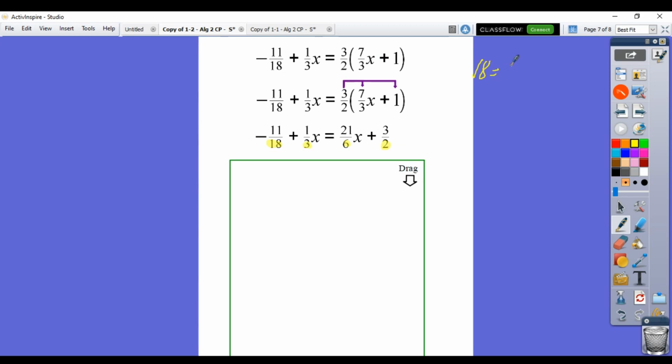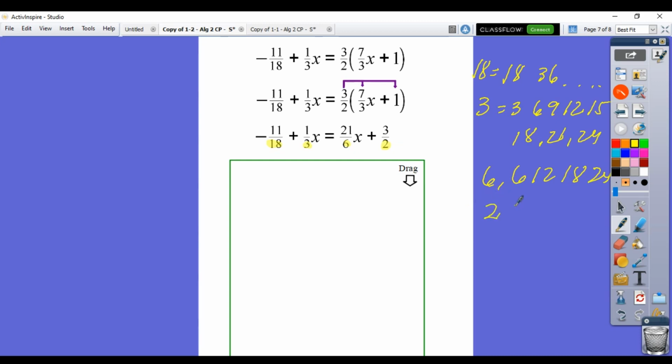Multiples of 18: 18, 36, and so on. 3 will have 3, 6, 9, 12, 15, 18, 21, 24, and so on. 6 will have 6, 12, 18, 24.